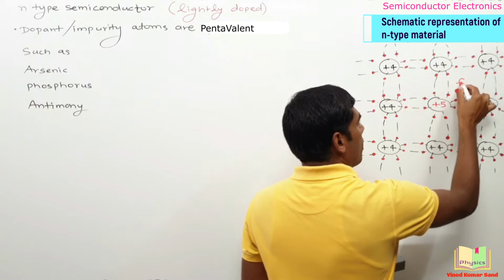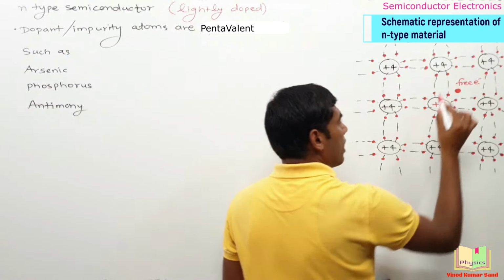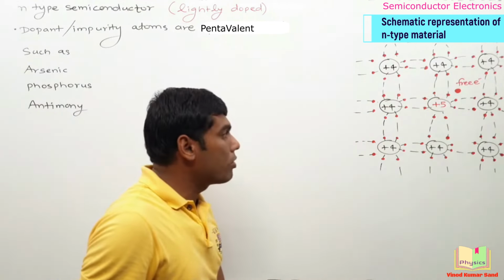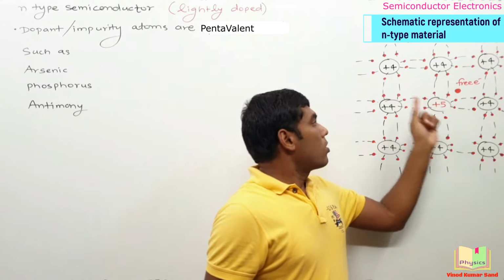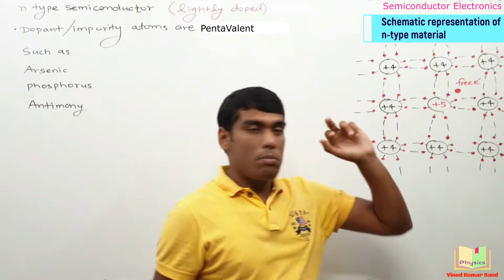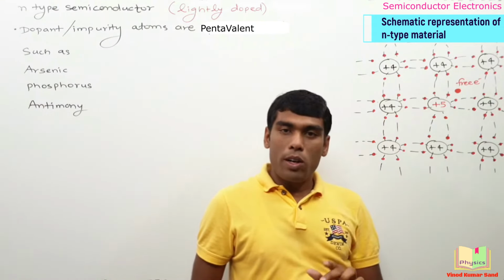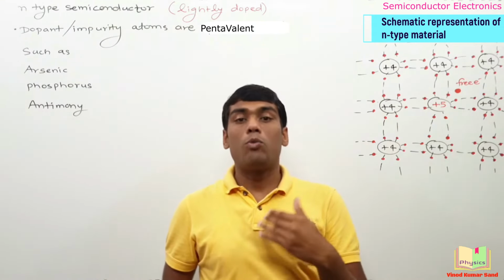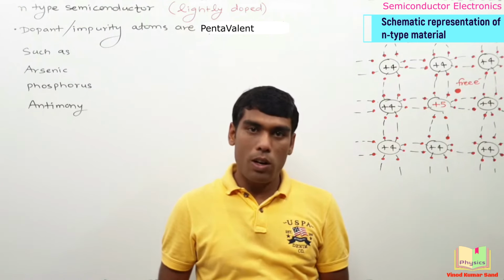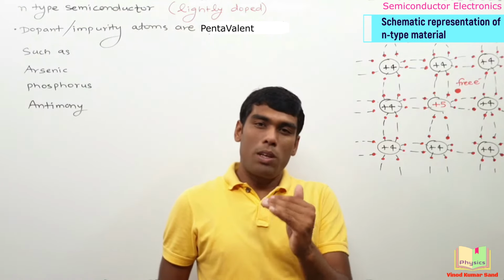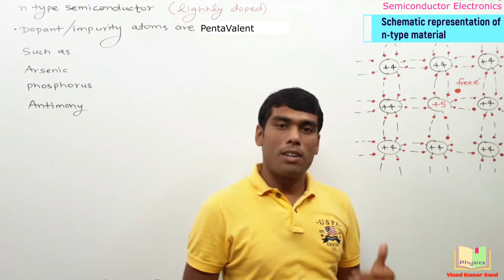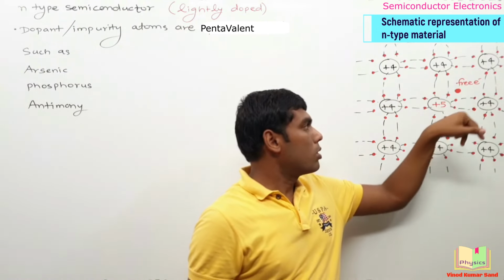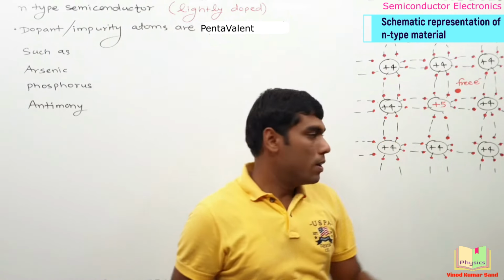This extra electron can easily roam as a free electron, because 4 electrons of that pentavalent atom will go into covalent bonding, and the 5th electron will be lightly bound with the nucleus, and by absorbing some energy that electron can easily roam inside the crystal lattice, so that will contribute to the conduction band.